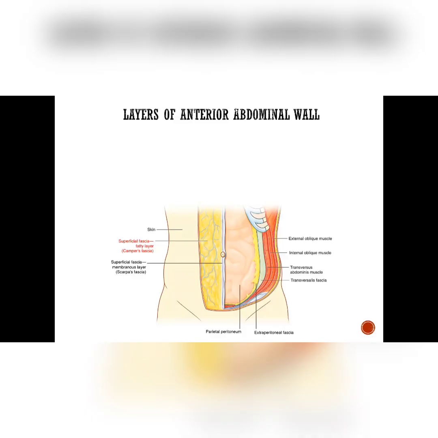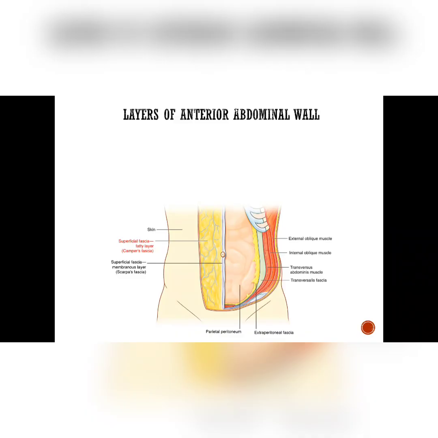So whichever technique you are choosing to adopt, you need to know what the layers are through which your scalpel will pass. What are the layers that are going to be incised or divided during each step of the surgery? So let's take a look at the layers of the anterior abdominal wall.